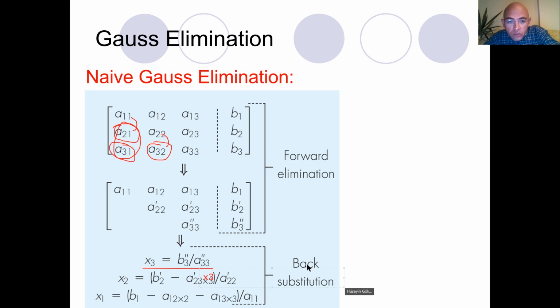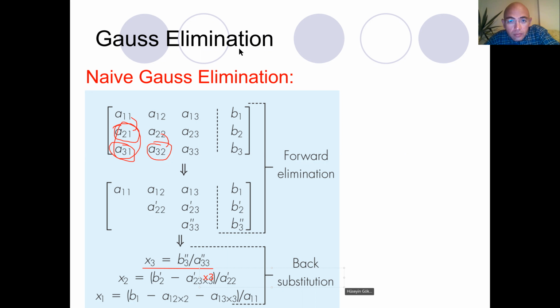So a'23 multiplied by the x3. This value has to be subtracted from b2' and divided by a'22. This will give me x2. Now I know the value of x2 and x3.